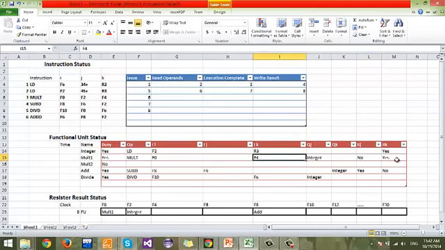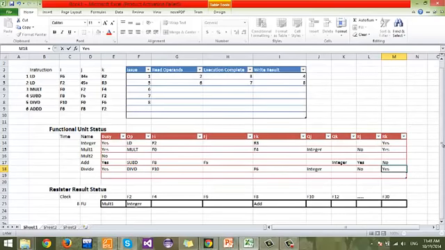FK available. Okay. And for sub D, FJ available. FK not available. Okay, that's fine. And for div D, is FJ ready? No. Is FK ready? Yes. Fine.